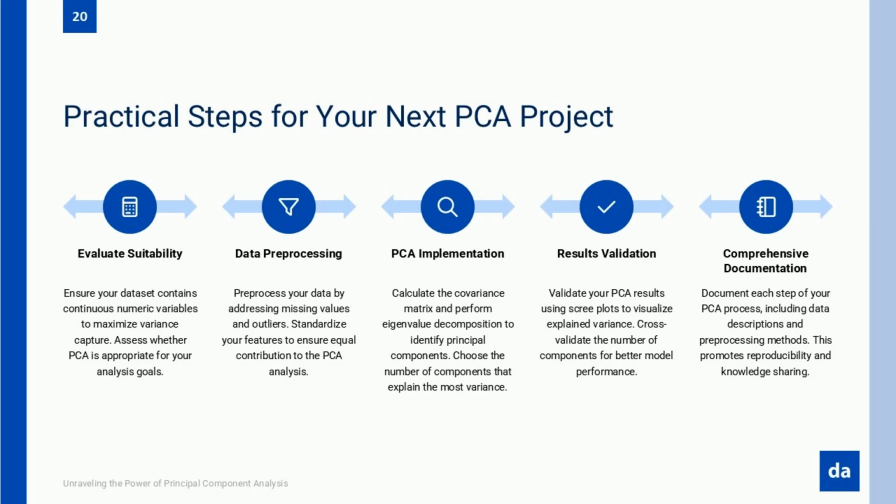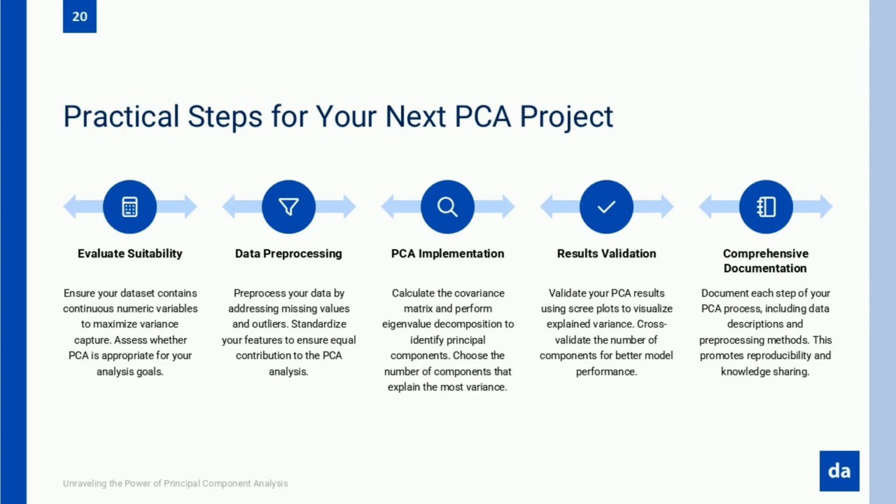Is maximizing variance capture your primary goal? If you answered yes to these questions, PCA is likely a good fit. However, if your data contains primarily categorical variables, or you're more interested in uncovering specific latent constructs, you might want to consider alternative techniques we discussed earlier.